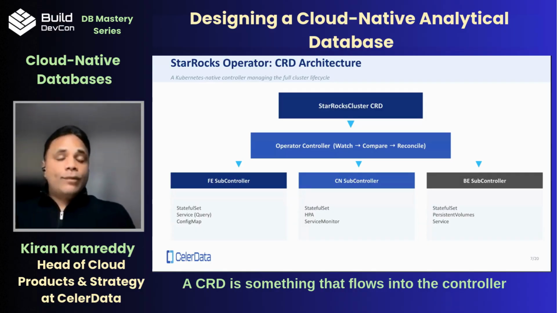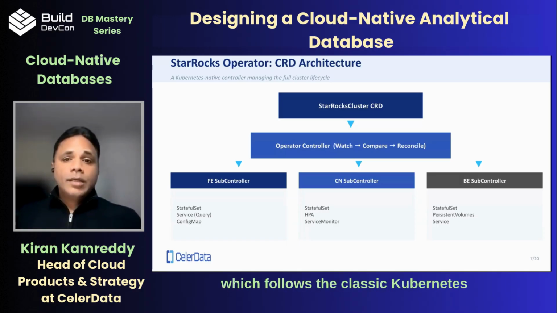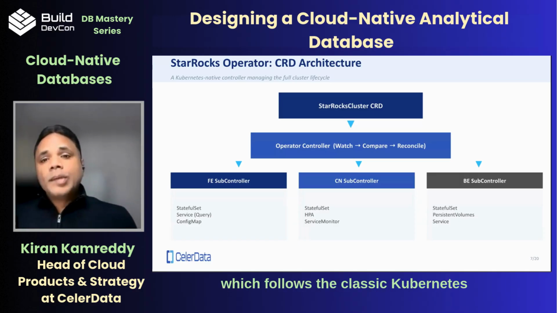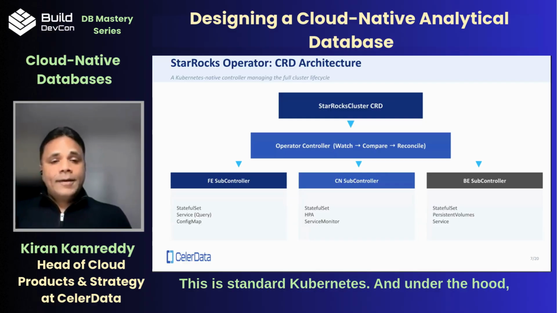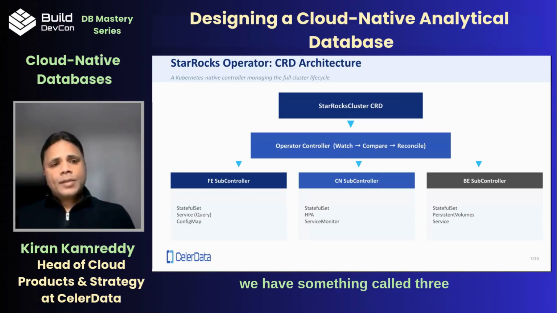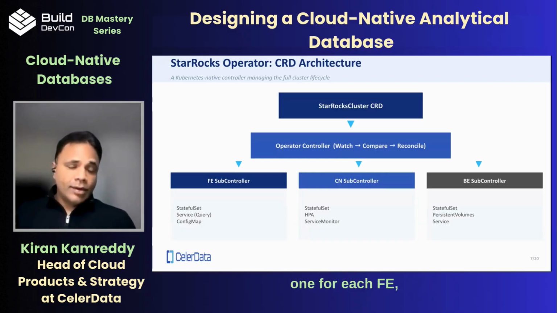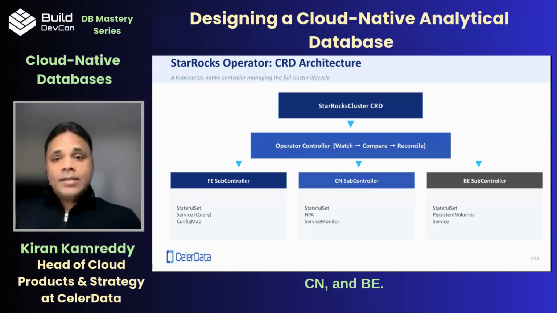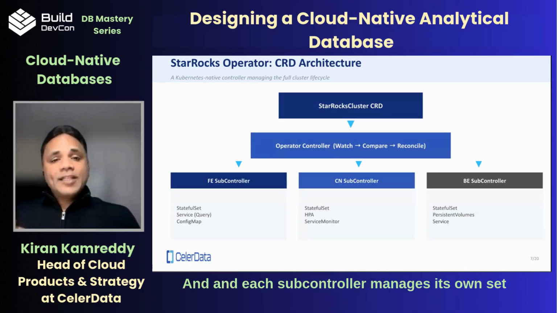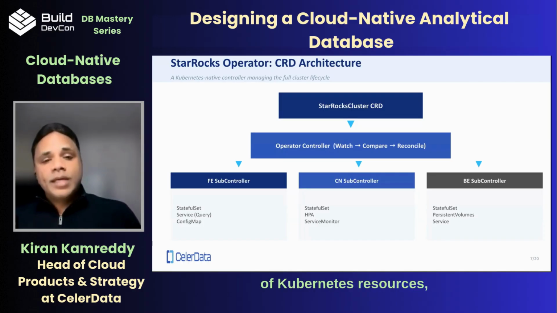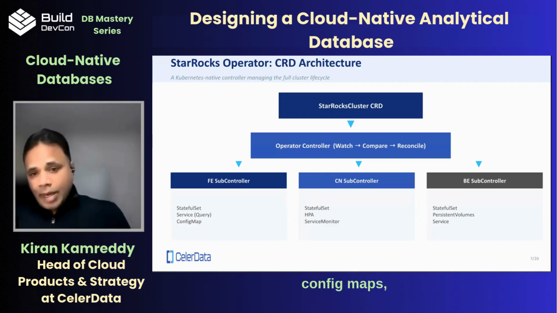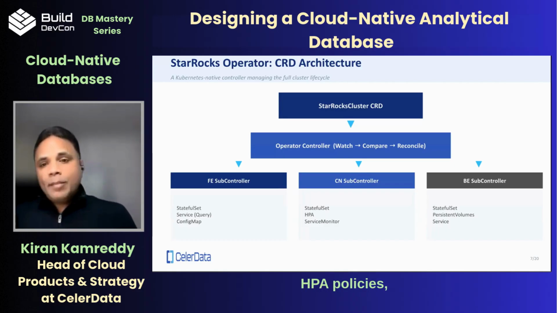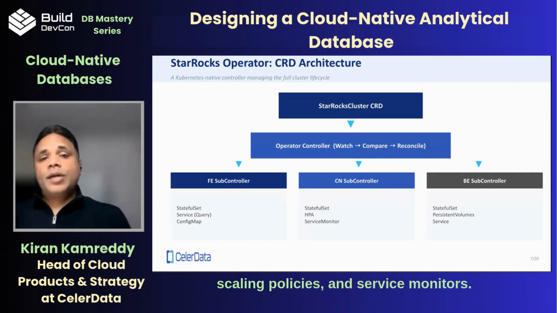A CRD is something that flows into the controller of the operator, which follows the classic Kubernetes pattern: watch, compare, and reconcile. This is standard Kubernetes. And under the hood, we have three subcontrollers, one each for FE, CN, and BE. Each subcontroller manages its own set of Kubernetes resources, things like stateful sets, services, config maps, HPA policies, scaling policies, and service monitors.